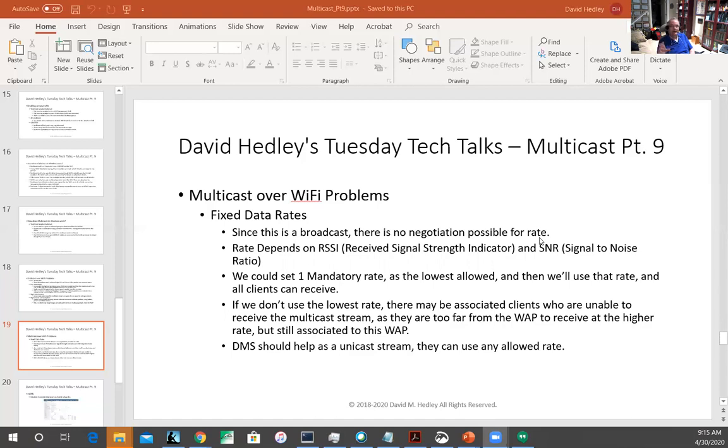And this rate depends on the received signal strength indicator and the signal to noise ratio. We can set one mandatory rate as the lowest allowed, and then we use that rate and all of the clients can receive.